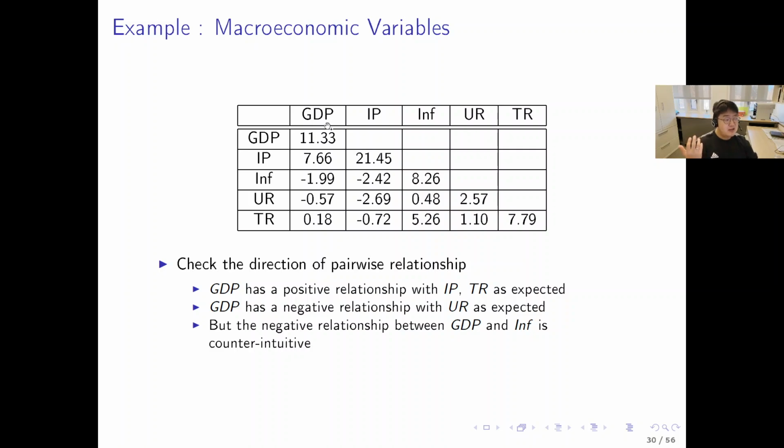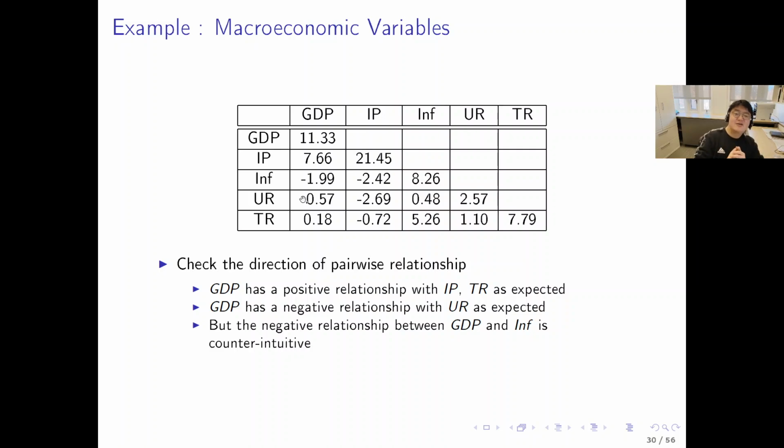But the GDP growth rate has a negative relationship with the inflation rate and the unemployment rate. The negative relationship with the unemployment rate is natural. If the economy is in a boom, then more people will be employed, so the unemployment rate will be lower. But the problem is the inflation.